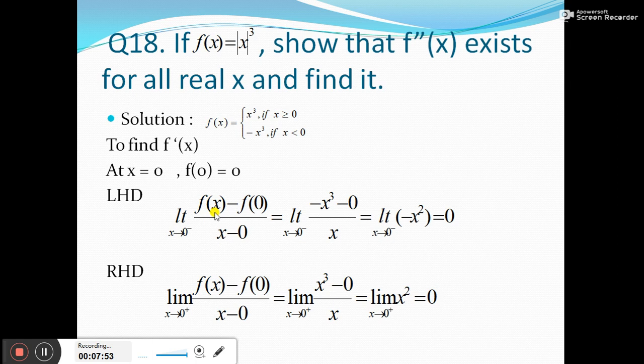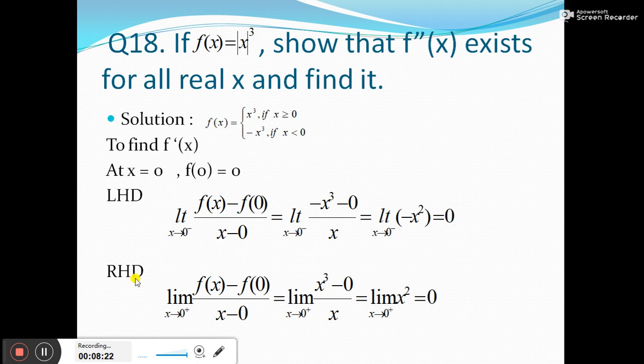For x less than 0, the function is minus x cube, and f(0) is 0, so it becomes minus x cube minus 0 by x. On simplification, we get minus x cube by x, that is minus x square. When x tends to 0 negative, we get 0.